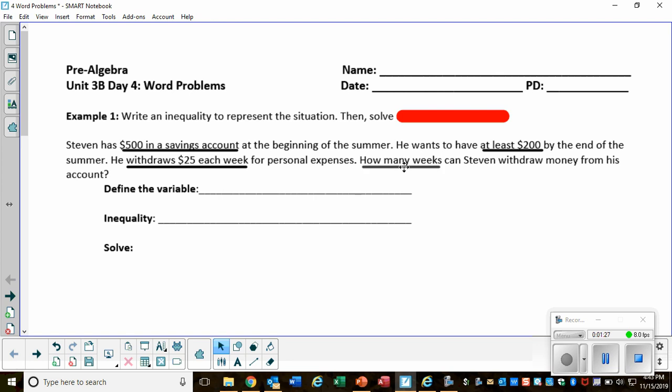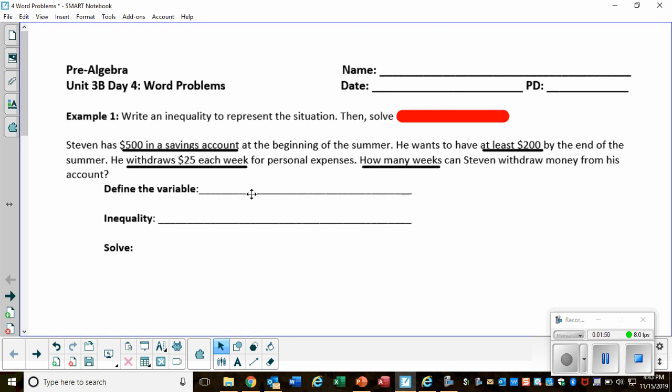How many weeks can Stephen withdraw his money for? Okay, so we start with this. At the beginning of the summer, we're starting with $500. During the summer, we're taking out $25 each week. And by the end, we need at least $200. Okay? So, this is what needs to happen.